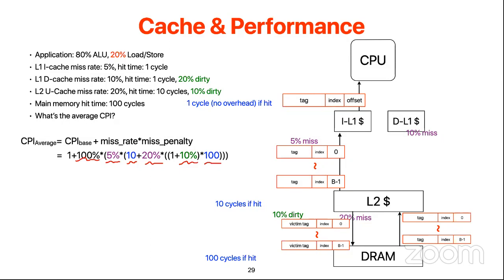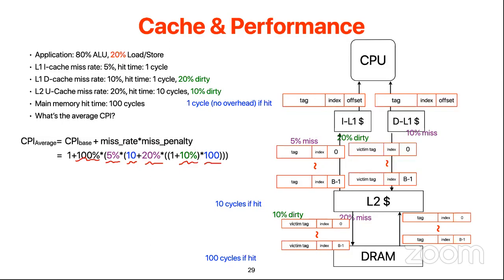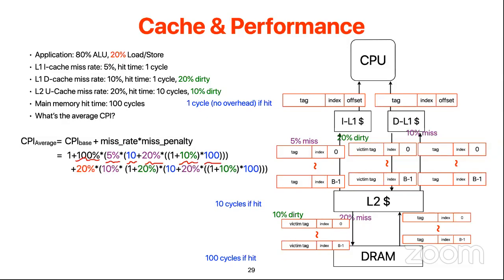Don't you see something here in the question associated with the data cache? There's a 20% chance it's dirty, so 20% of the time you have to write it back. But the rest of the stuff will be the same. So that's how you apply this formula and you will get this answer.